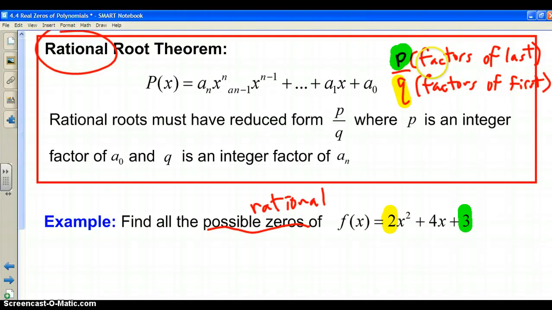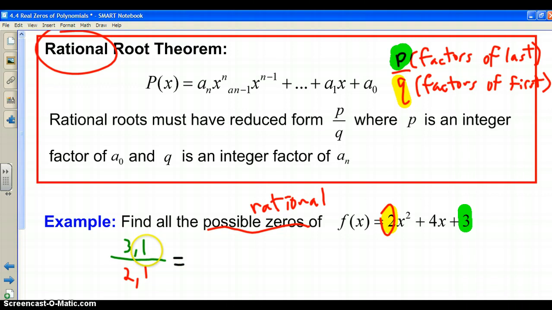So let's think about all the values that P could be here. In the top of the fraction, we're going to put factors of 3. So 3 times 1 is 3, so those are the 2 factors of 3 that I see. And then in the bottom, we're going to put factors of 2, so 2 and 1. Now this makes up a fraction.